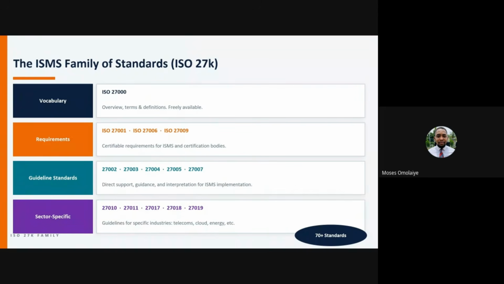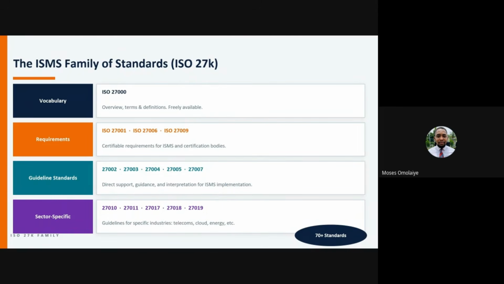Then we have the requirements documents. You have things like the 27001, 27006. So they are all requirements documents. For the purpose of this class, we're looking at 27001, which basically gives you the guidelines on how to implement an information security management system.